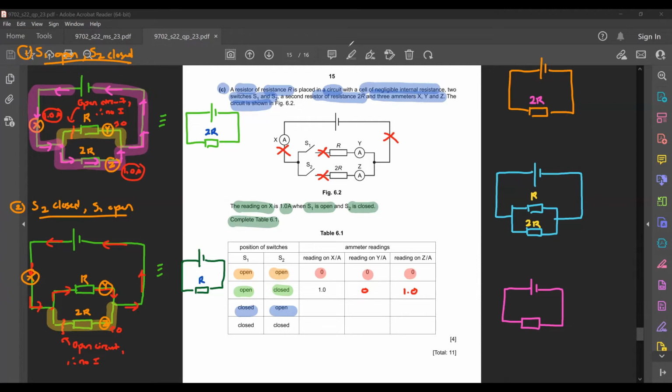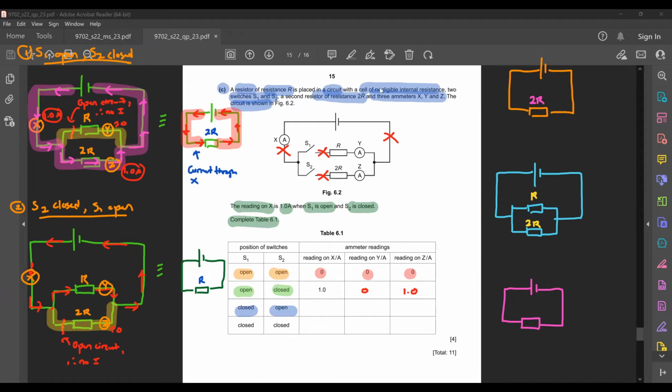Now, for both these simplified circuits, we know that a current flows through your circuit without splitting. What is the current that's flowing through this simplified circuit here? It is actually the current through X, because the current here represents the total current through the circuit.